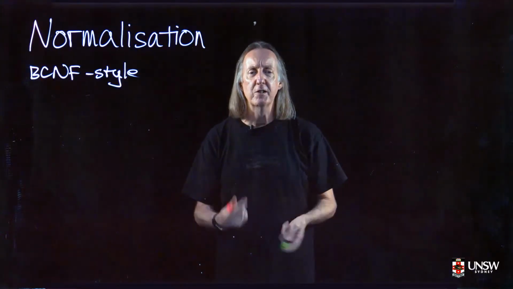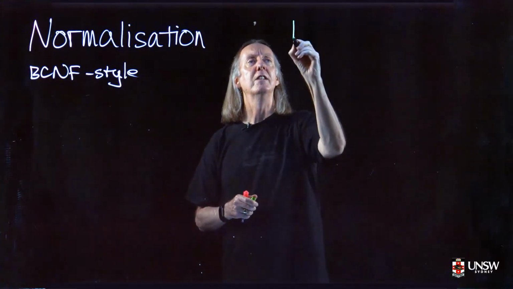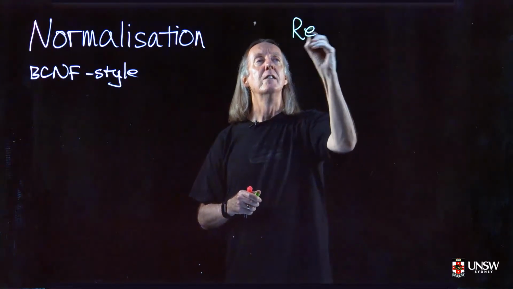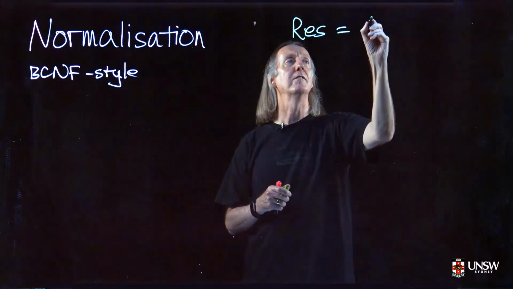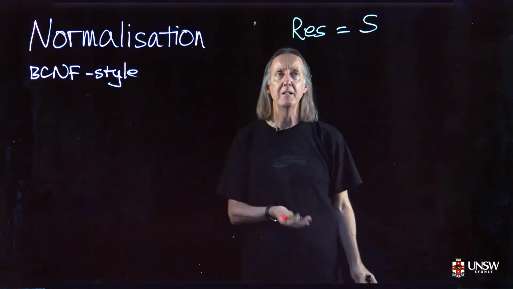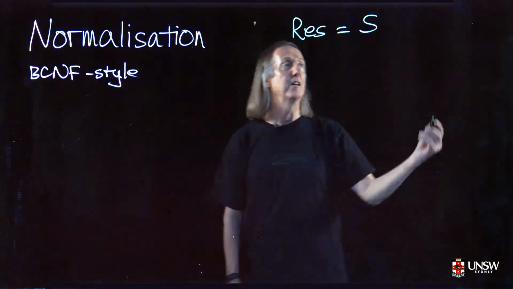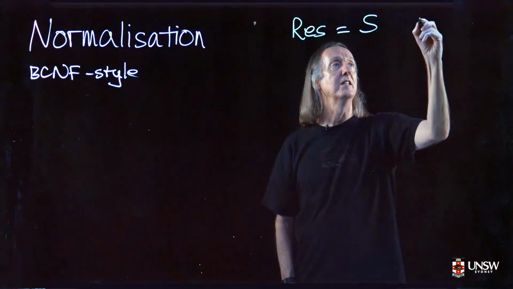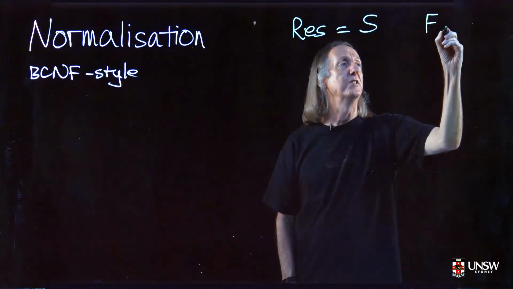So can you express that algorithmically? And yes, you can. So if we start and assume that our result schema, so we'll call that res, is our original schema S. The original schema S that we're given happens to already be in BCNF. The other thing that we have to be given, of course, is the set of functional dependencies.